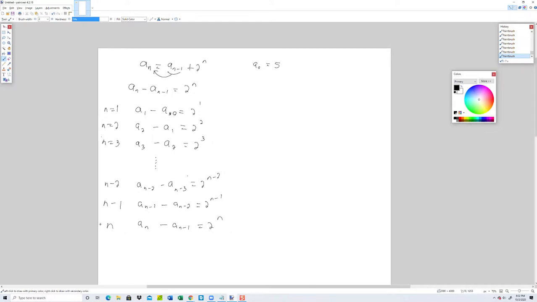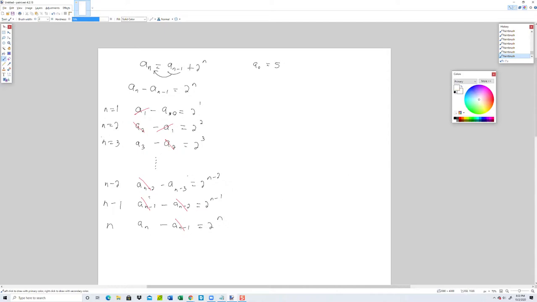Okay, so if I were to add all these together, what I'm going to see happens is a sub 1 and negative a sub 1 cancels. A sub 2 and negative a sub 2 cancels. Get down to here, a sub n minus 2, negative a sub n minus 2, a sub n minus 1, negative a sub n minus 1.